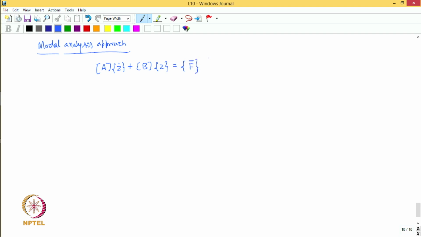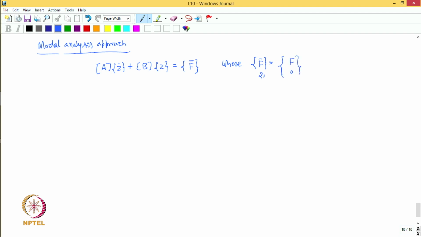Let us call it f bar, where f bar is given by vector f and vector of zeros, right.